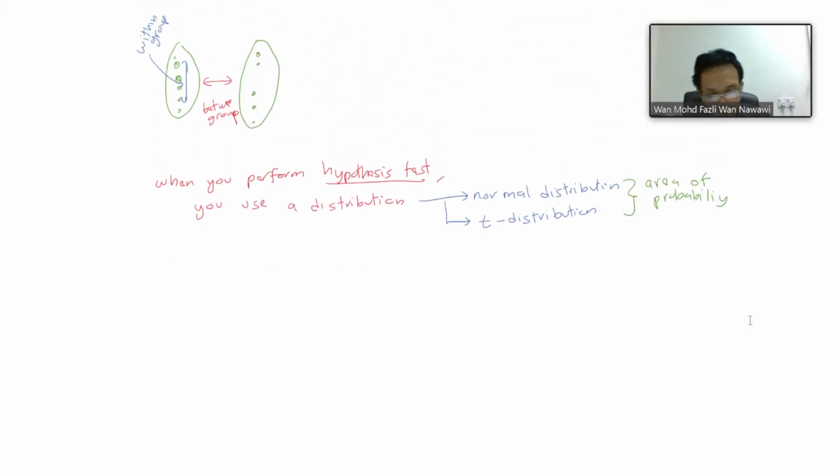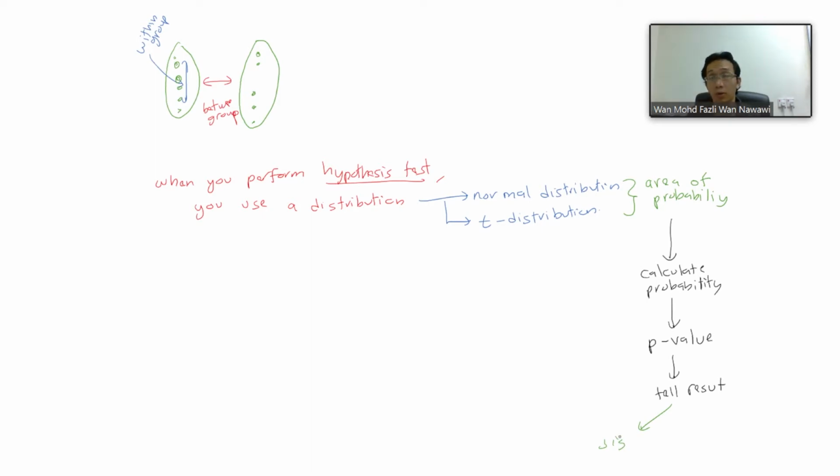This area allows you to calculate probability, and from this you will get the p-value. When you get the p-value, you can tell the result, whether your result is significant.